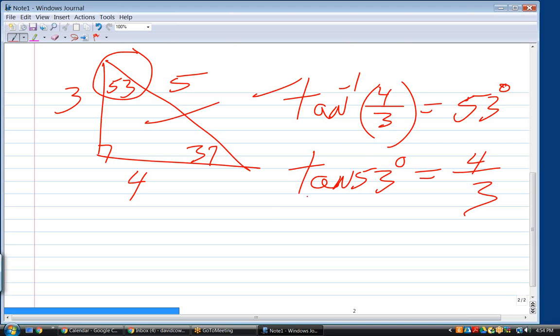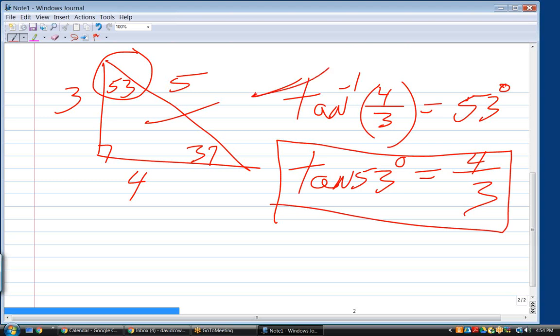This is the first thing we can figure out by looking at our triangle, that the tangent of 53 degrees is 4/3. And that's how we solve that problem: we figure out what angle it is. It's this angle right there, not this angle. It's the 53 degree angle whose tangent is equal to 4/3. And therefore, the inverse tangent of 4/3 is equal to 53 degrees.